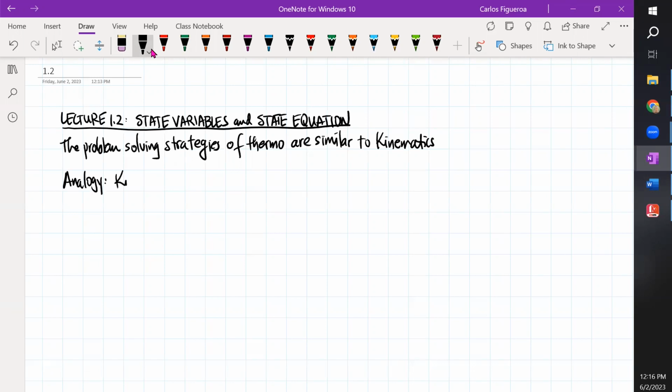Kinematics is the mathematical structure of motion, which means if you want to understand motion, you got to go through kinematics.